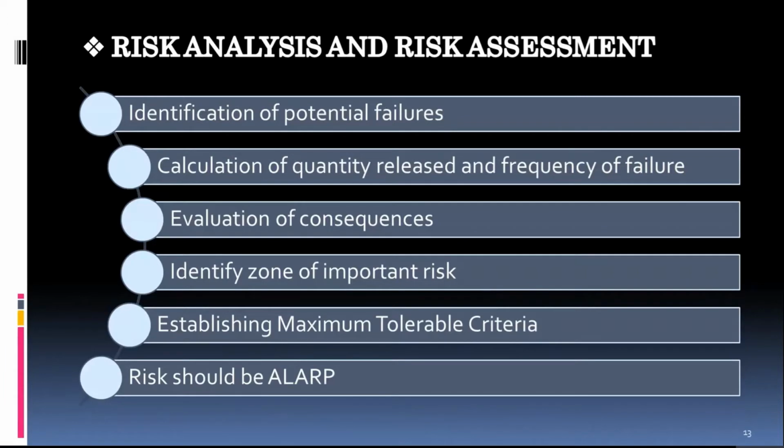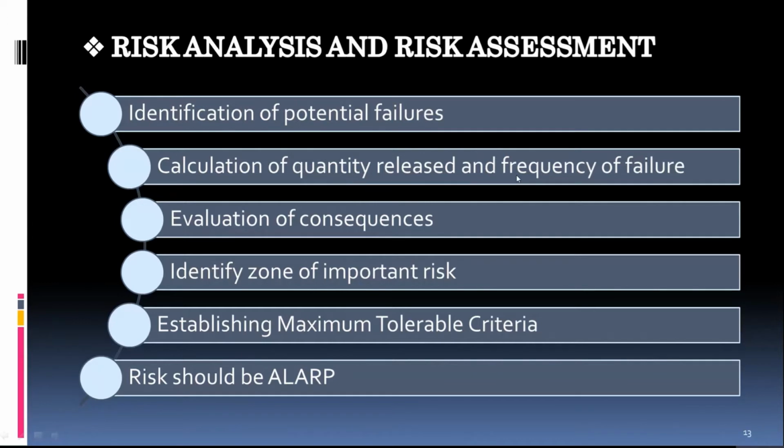Moving on to the next step of ERDMP, that is risk analysis and risk assessment for each hazard. The basic procedure is as follows. The identification of potential failures. This can help us to calculate the quantity released, for example, the gas released due to gas leaks or corrosion.